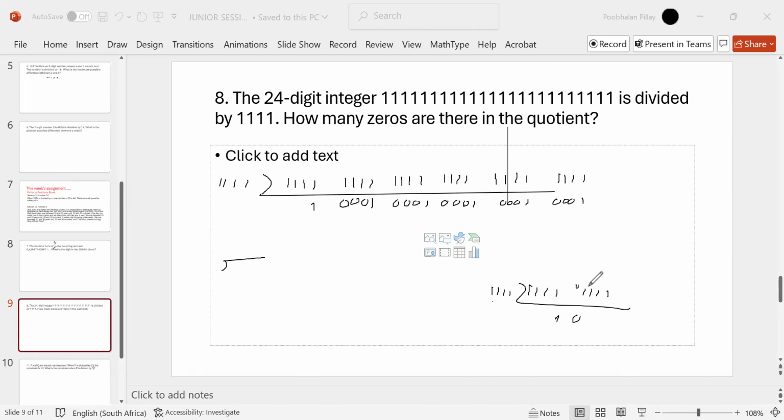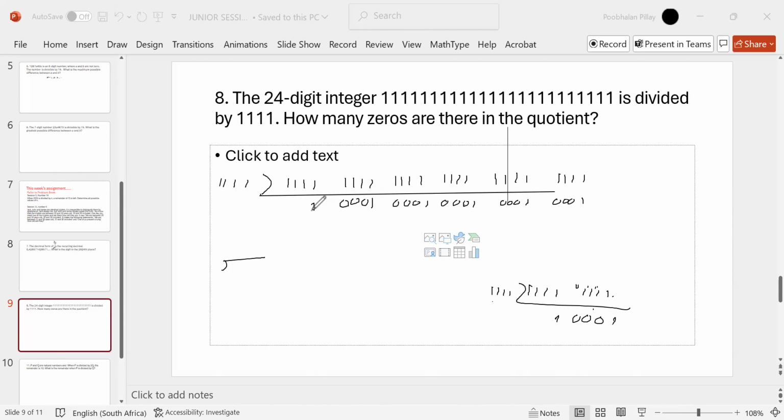The remainder is 1. And 1011 going into 11 0 times. And then you put 11 here. And 1011 goes into 111 again 0 times. But the last one is 1. That is how we get this thing here.